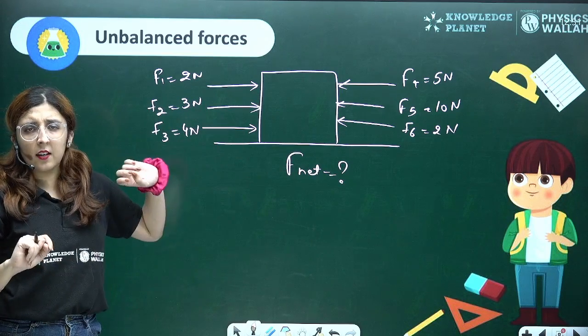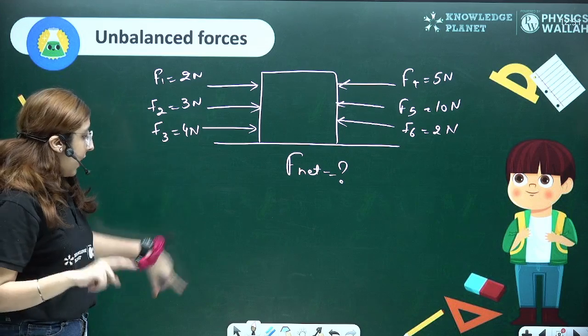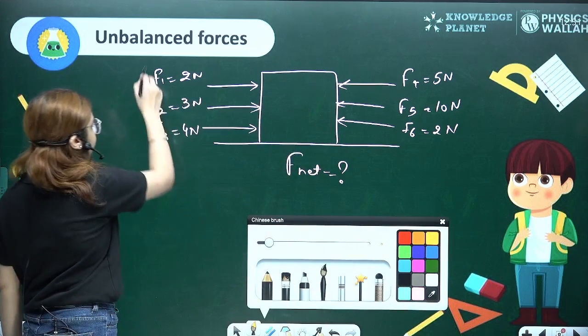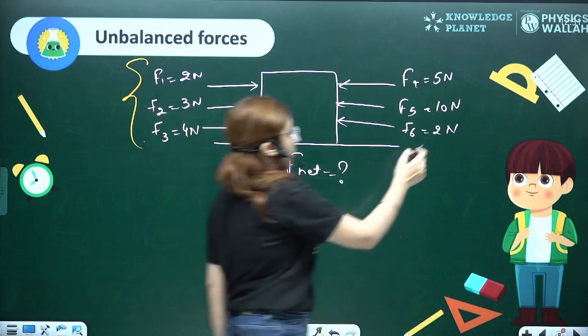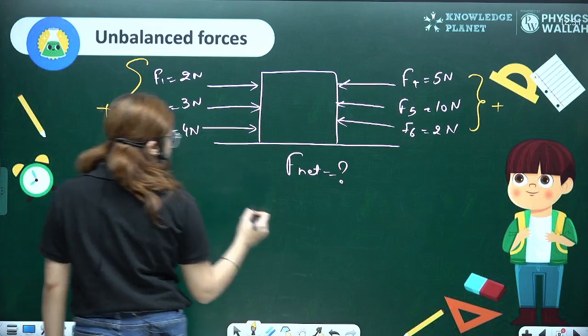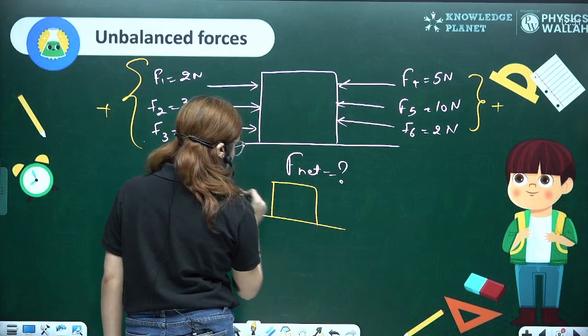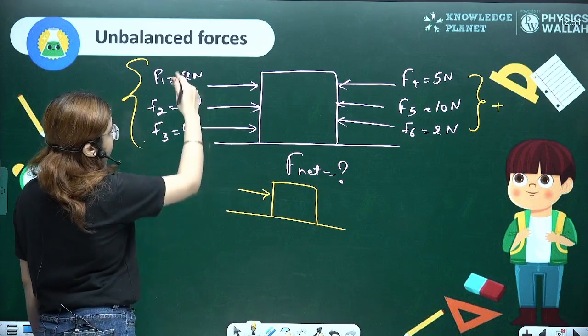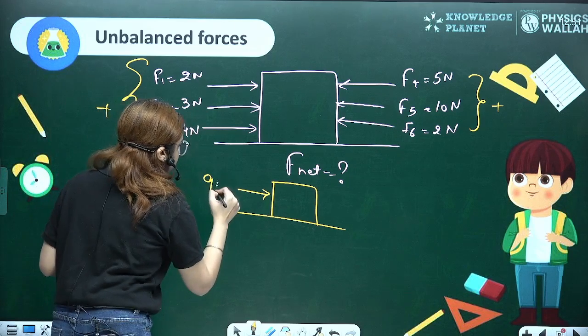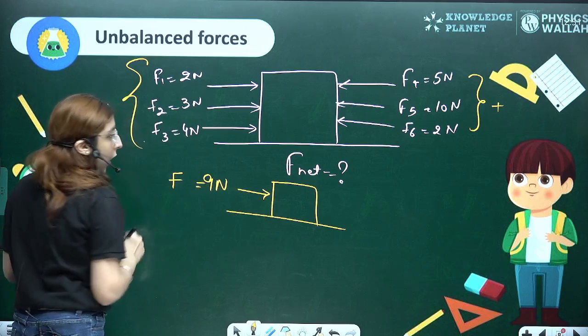Easy, very easy. In this case, first we know forces in the same direction are to be added. So if I draw the forces from the right, 5, 4, 9.